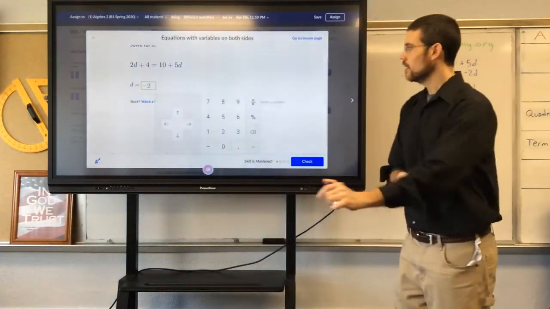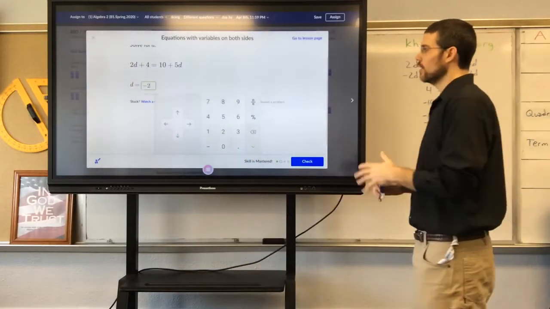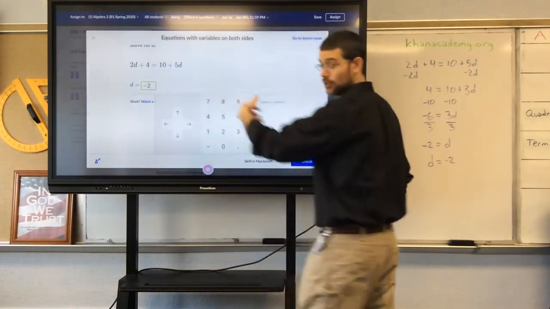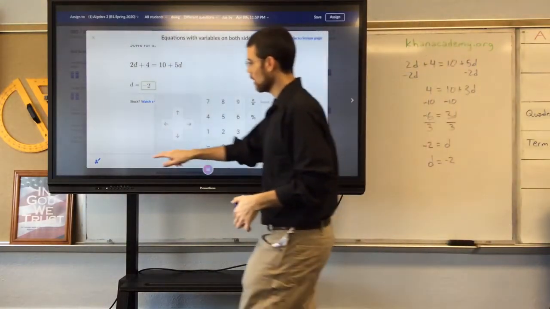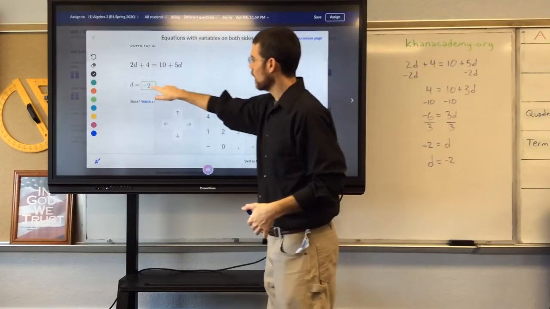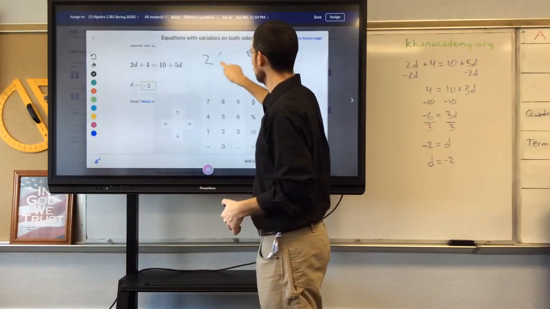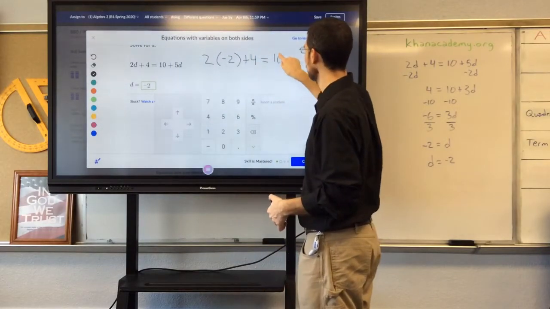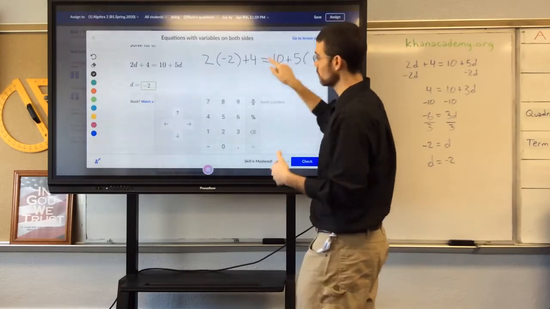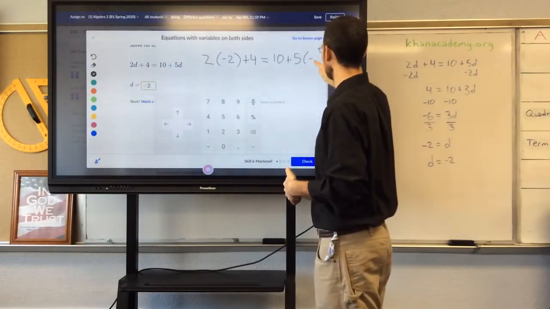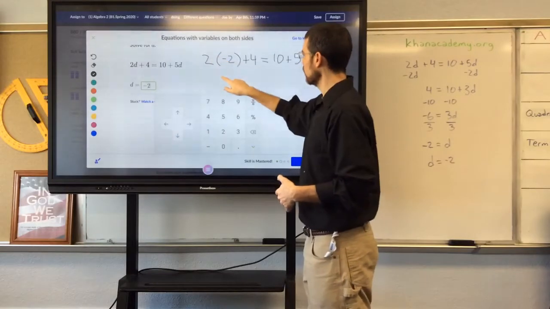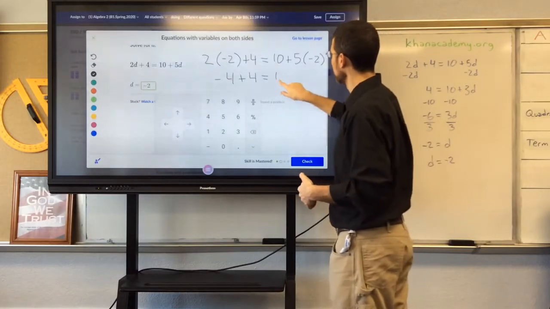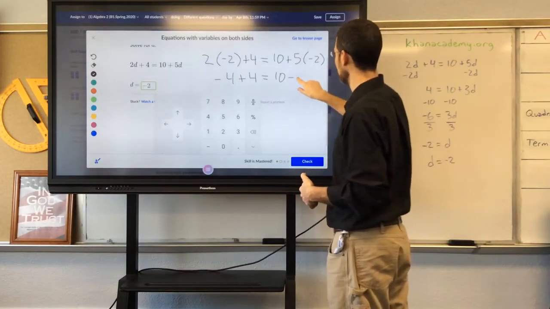Also, before I check that, you can and should, to be certain that you got the right answer, substitute what you got back into the original equation and see what happens. So we'll do that up on the screen. If I put negative 2 where I see d, I get 2 times negative 2 plus 4 equals 10 plus 5 times d, but d is supposed to be negative 2, so let's see what happens. 2 times negative 2 is negative 4. 5 times negative 2 is negative 10.